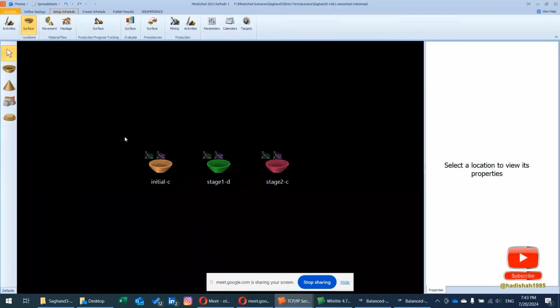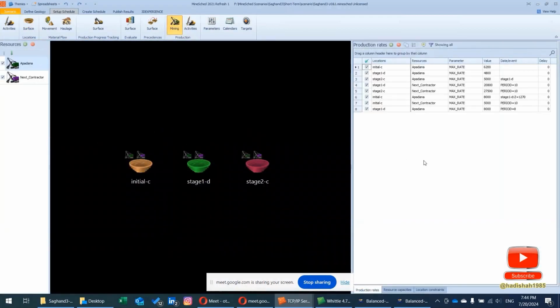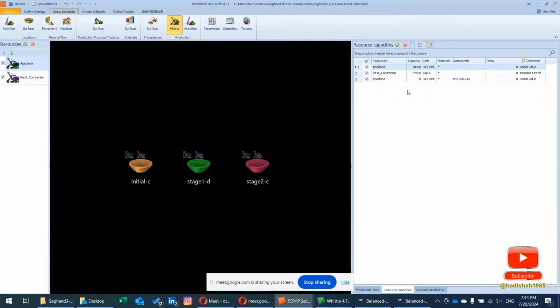Next, like every other planning package or planning approach, we must define our resources. My resources here are divided into two general fleets by the name of the company, and the resource capacities are defined here.